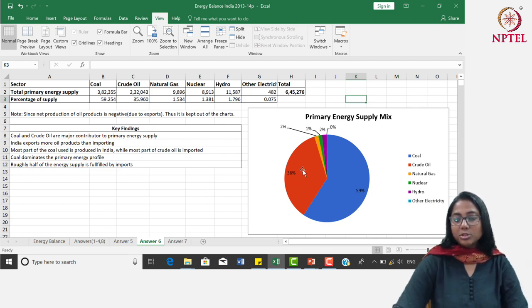So almost 36% of the primary energy supply is coming from crude oil, and the rest of them are quite small in figure. But crude oil, you will see as we talk about the next question, is actually not domestic. A lot of it is imported from other countries.